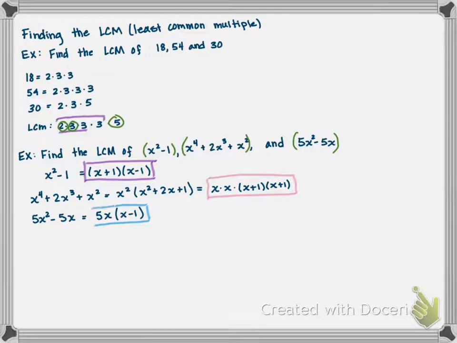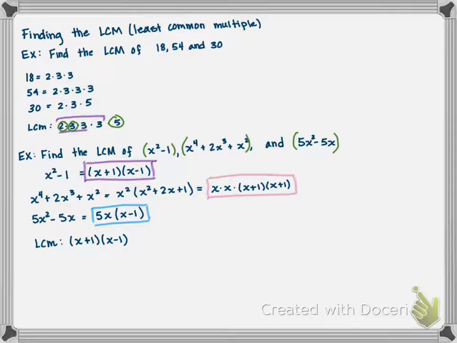And so now we're going to build the LCM the same way we did with the whole numbers, right? We're going to start with the factorization of the first one. So my LCM will start with x plus 1 times x minus 1. And then if I look at that second factorization, the one in pink, are there any factors there that I don't already have in my LCM? Just x by itself.